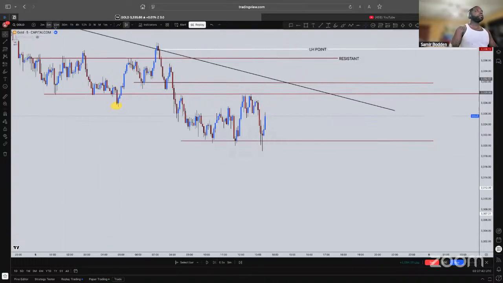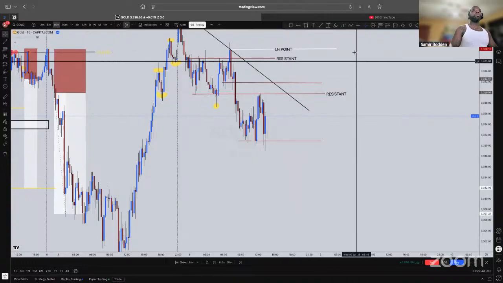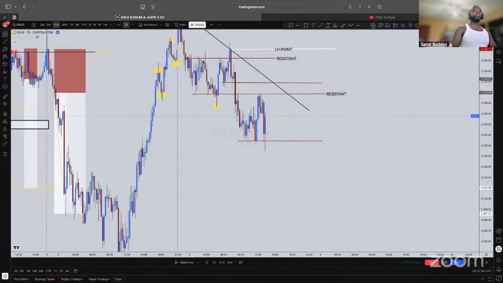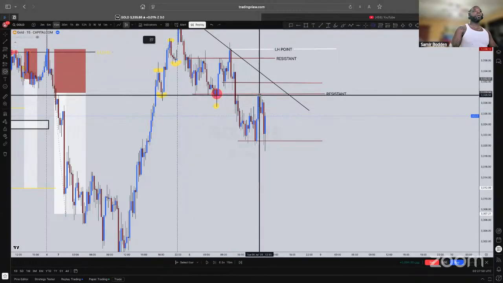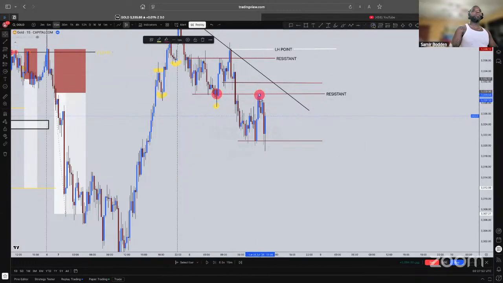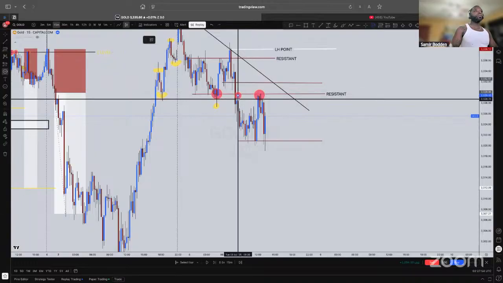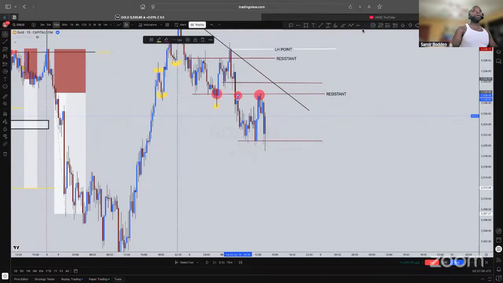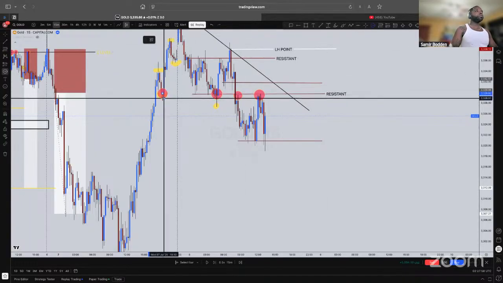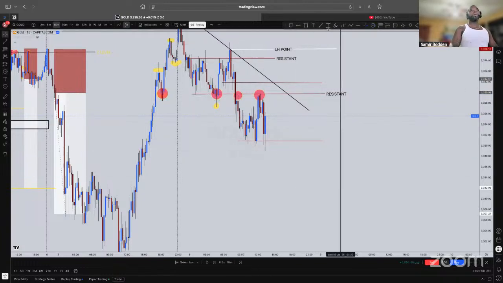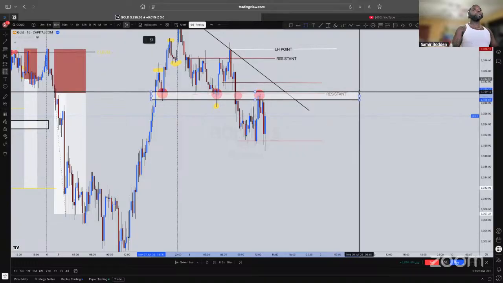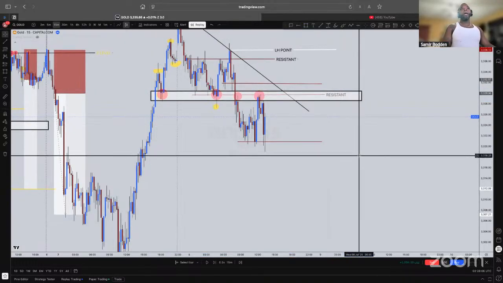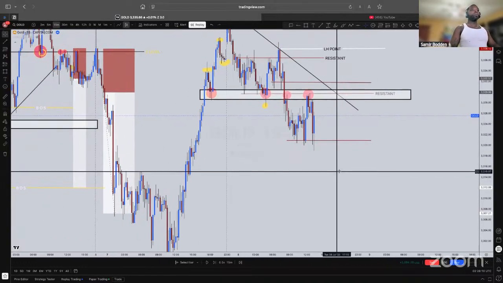The reason is that he's shown me that he respected this level of resistance right here, and we'll see if he respects it again by coming back here. It respected it here a little bit, but that was in the lower time frame. If we look previously in the past, we could see that the market respected this. So if we wanted to, we could just draw one whole box right there. That whole range has been respected four times or more in a row.